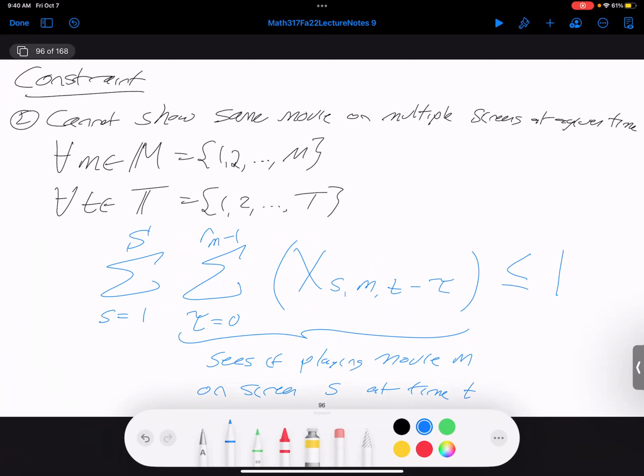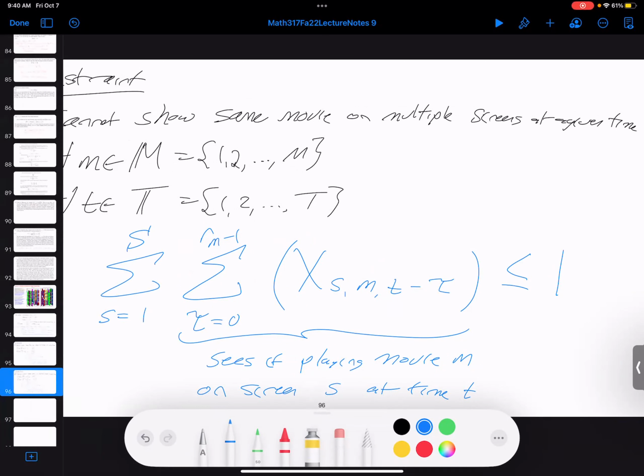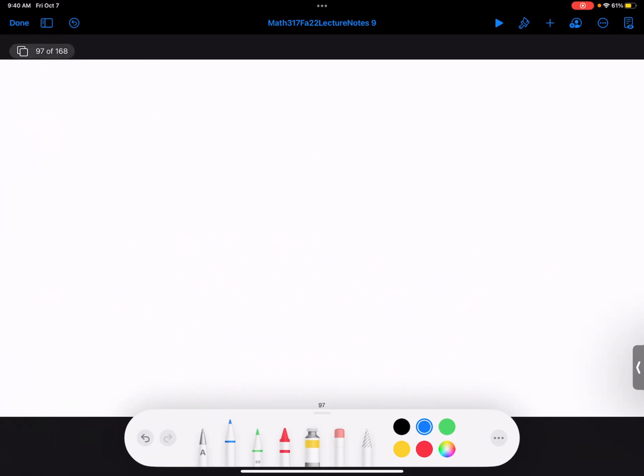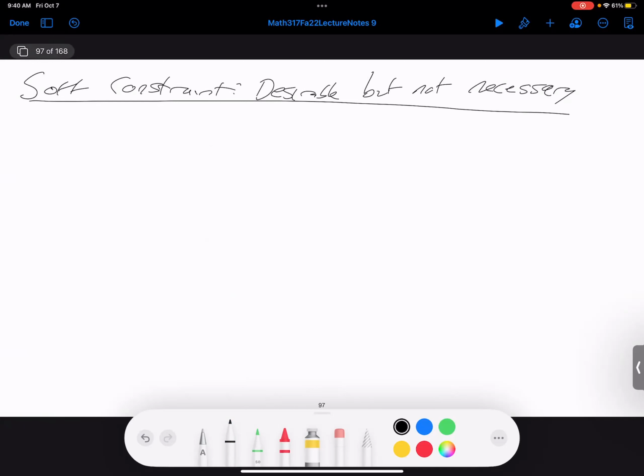There are other constraints that would be soft. So let's try to think of a soft constraint. These are desirable, but not necessary. So anybody think of what might be a desirable constraint?